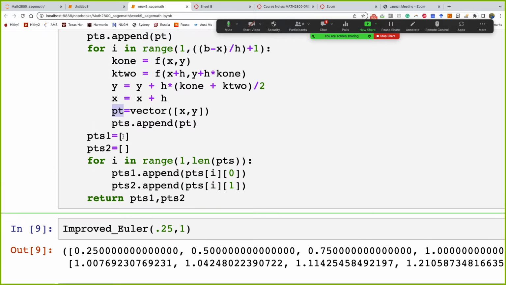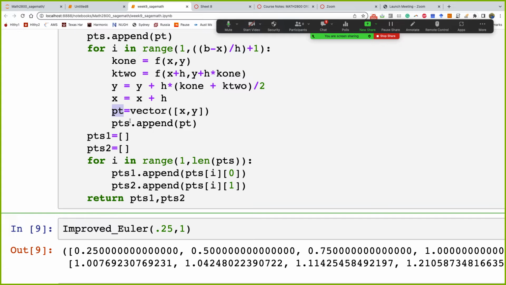So now please note that the list of the solutions has x and it has y. So this x, y comes from here and here. Okay. So I add this pt to the big list of the solutions, pts. pt is just one couple solution, x and y.